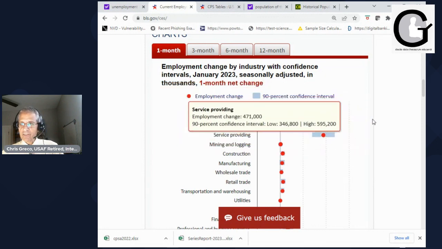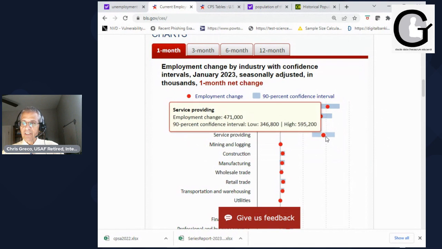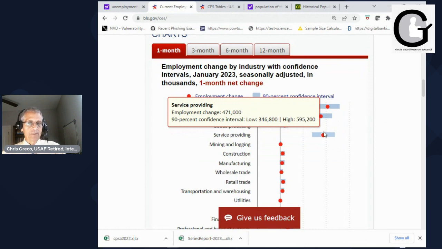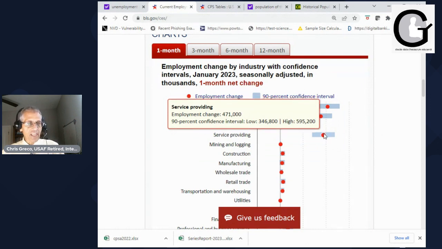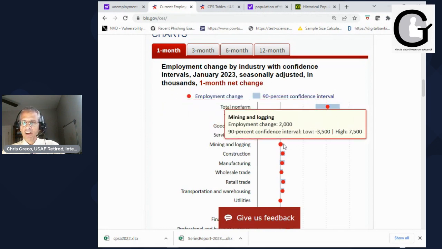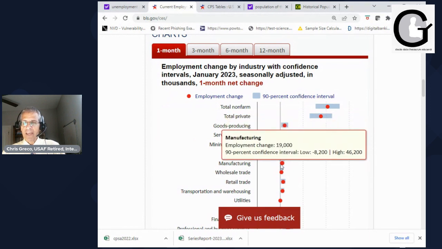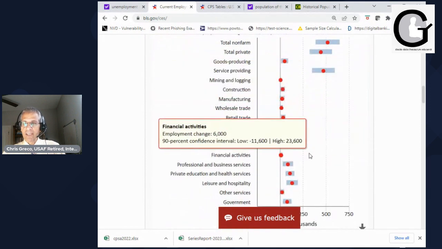But look at the rest of these. Wholesale trade, servicing. This is service providing. Now that could be anything between coaching, it could be counseling, in other words, you're providing a service. Mining and logging, look at that, 2,000. Construction, 25,000. Manufacturing, 19,000. Not too many here.